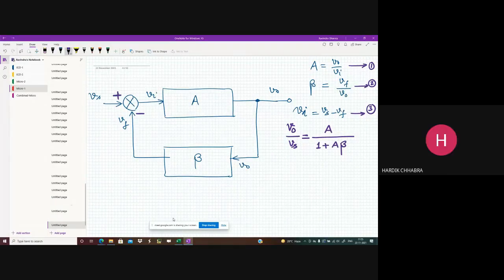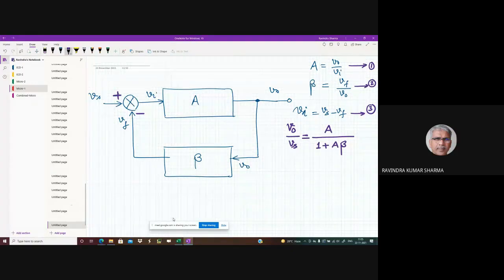Yes, sir. Right? A by 1 plus A beta. A is the amplifier gain, beta is the feedback ratio, right?